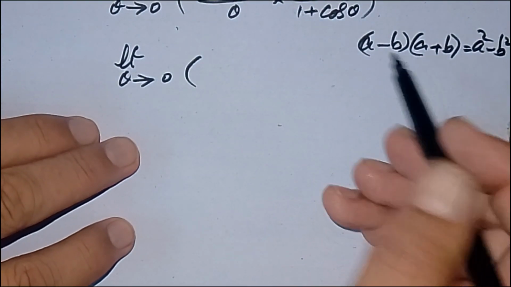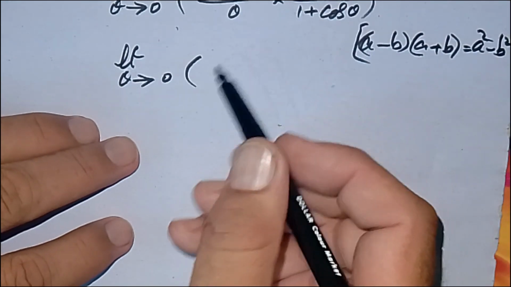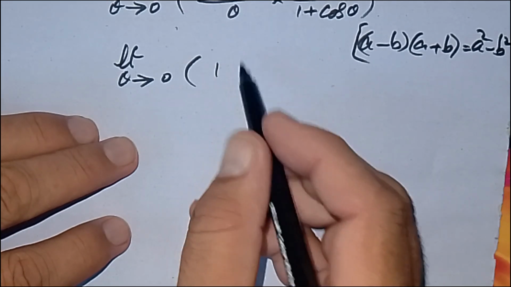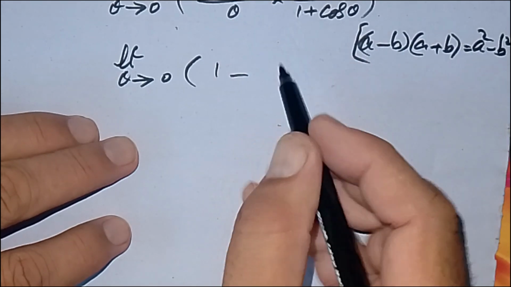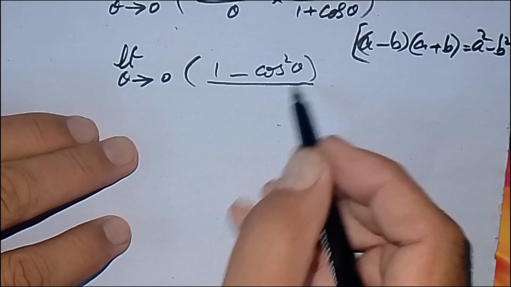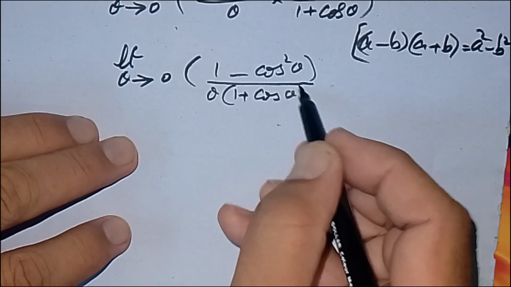So (1 minus cos theta)(1 plus cos theta) is equal to 1 square minus cos square theta, and the square of 1 is 1, therefore we get (1 minus cos square theta) over theta into (1 plus cos theta).